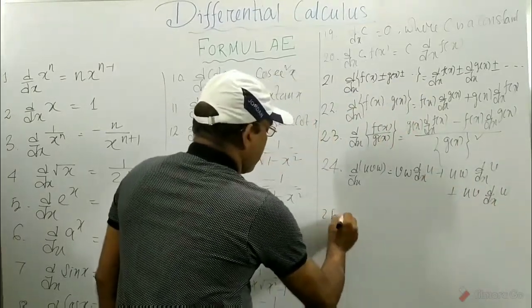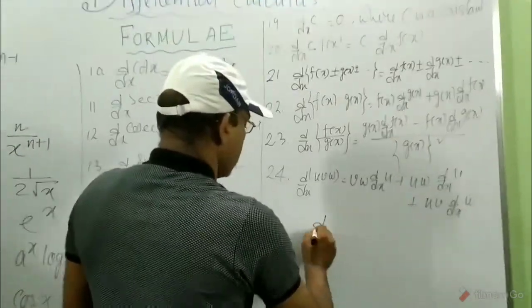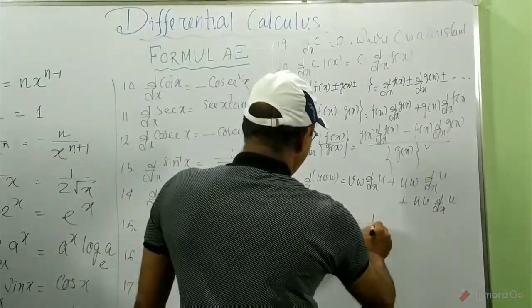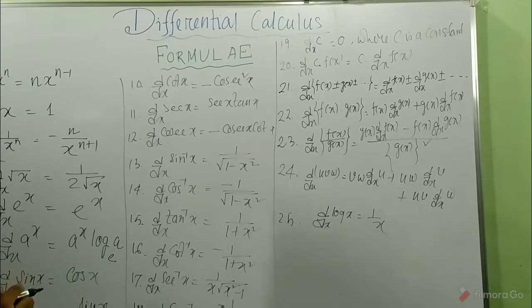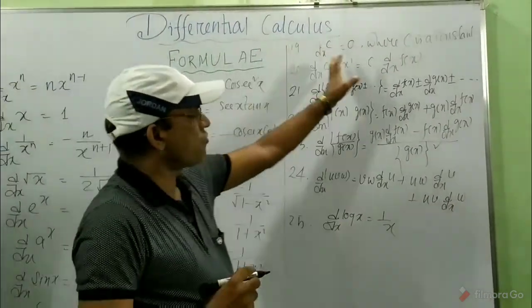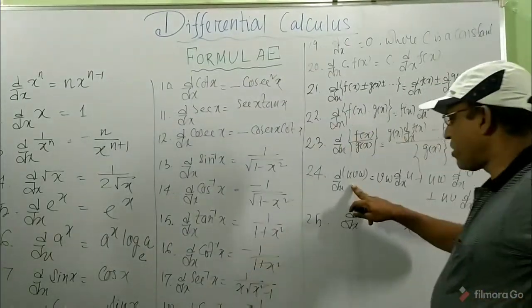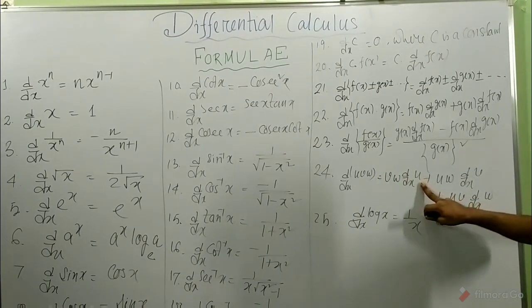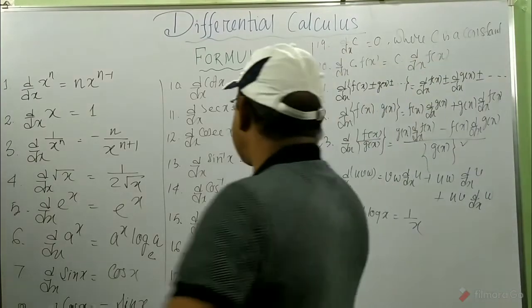Number 25, d/dx of log x equals 1 by x. So the total number of formulae is 25. In the formula 24 for uvw, first we differentiate u, next v, next w. This is no problem. Now the main problem is this.